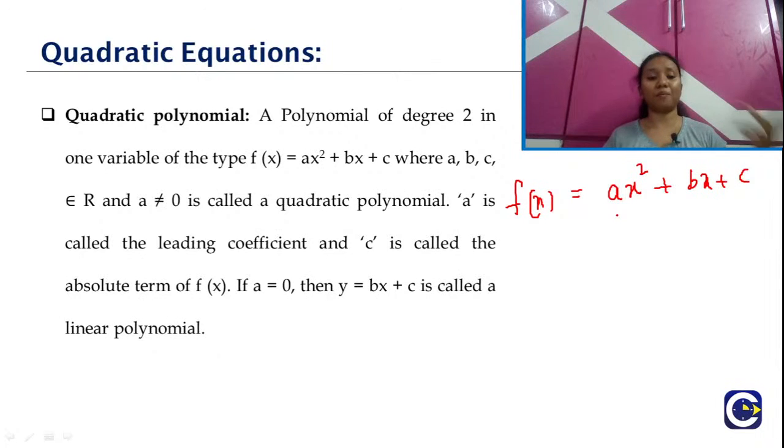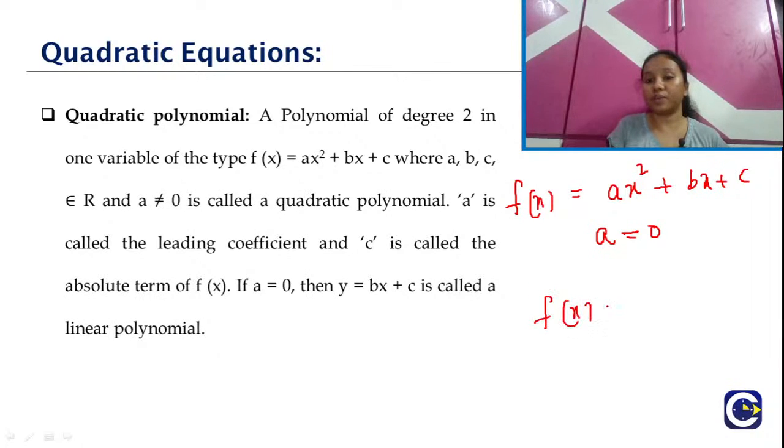What happens if my a value becomes 0? Then this entire term becomes 0, and my f of x is left with bx plus c. If the leading coefficient becomes 0, can we still call this polynomial a quadratic polynomial? Is it possible? No, right?